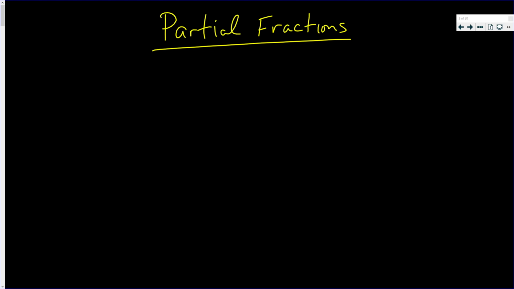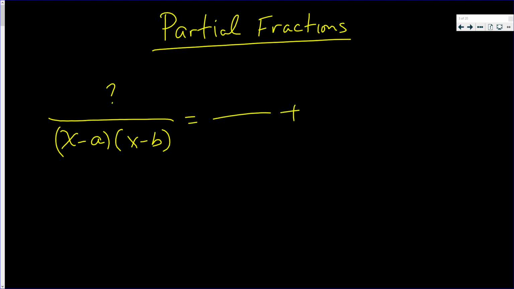So here are some examples. Suppose in the bottom you have x minus a times x minus b. I don't care what you have on top, except it better be linear, because the bottom is of degree 2. So you could write this as a sum of two fractions where x minus a is one denominator and x minus b is the second denominator.